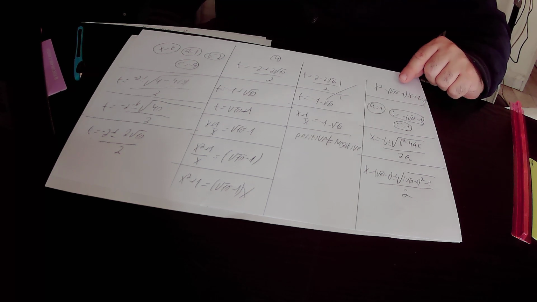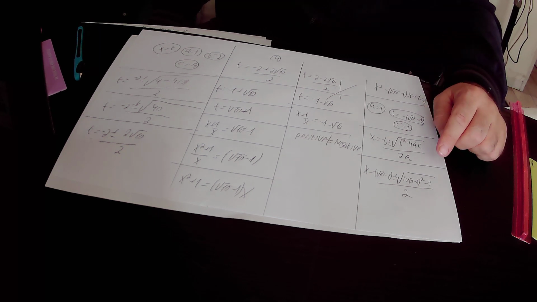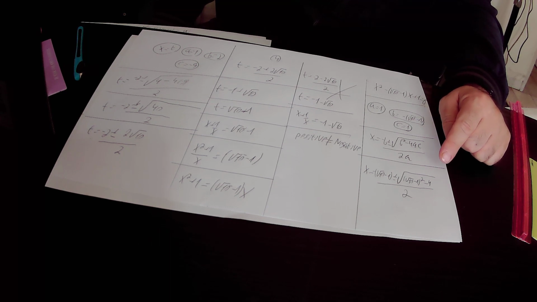Here minus and minus is plus, so we are left with square root of 10 minus 1 plus minus square root of b squared, which is square root of 10 minus 1 squared, minus 4ac. 4ac is 4, because a equals c equals 1, all divided by 2.